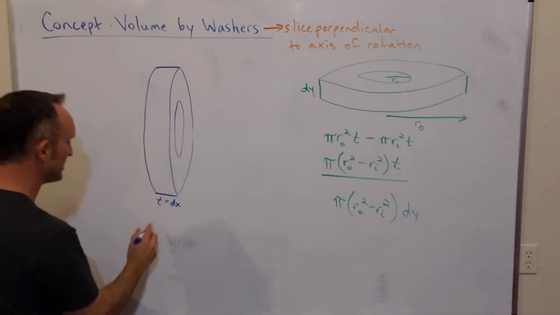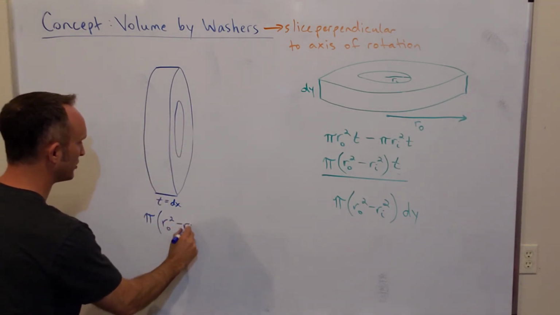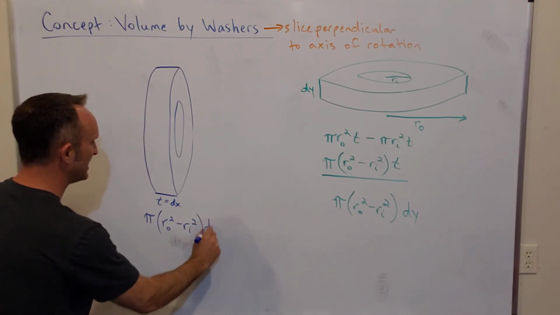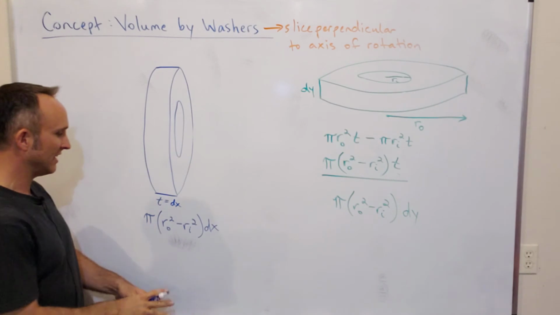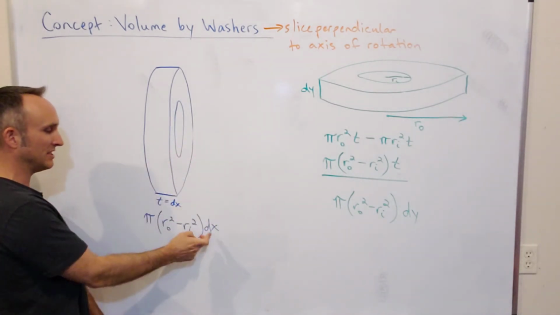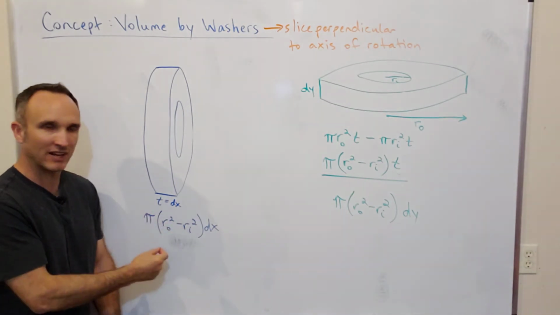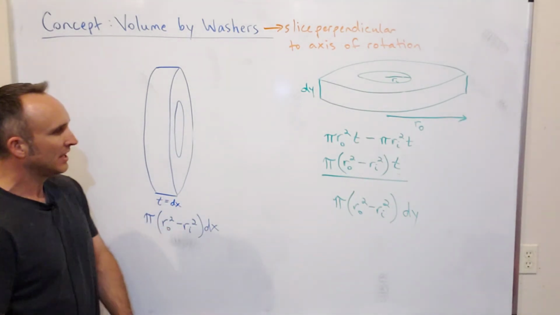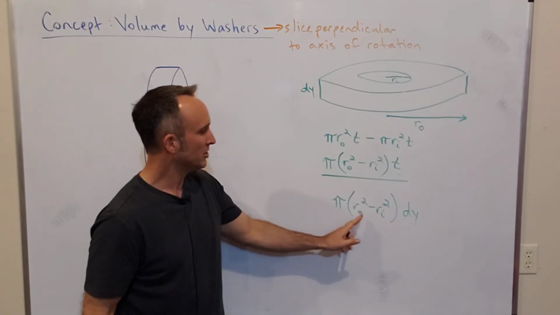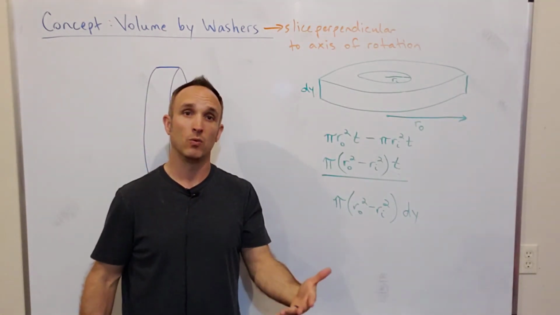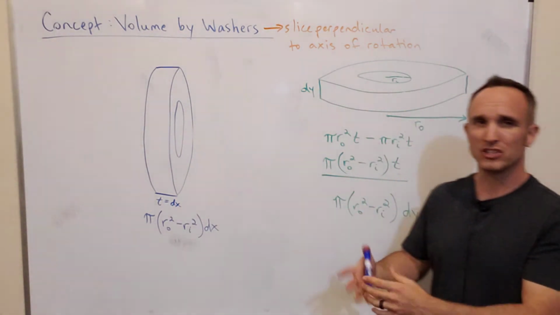So the volume of this is pi times your outer radius squared minus your inner radius squared times dx. And so the big difference when you go to integrate these is, with a dx as your thickness, your radii will have to be expressed using x expressions. And for the horizontal one, when your thickness is dy, your radii will be measured in terms of y. From there, it's just integration as usual.